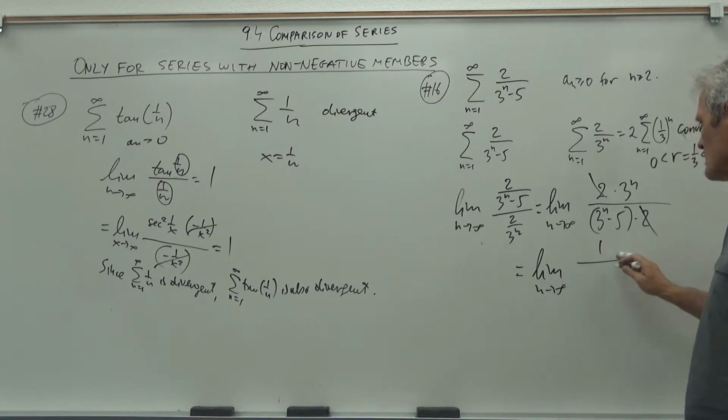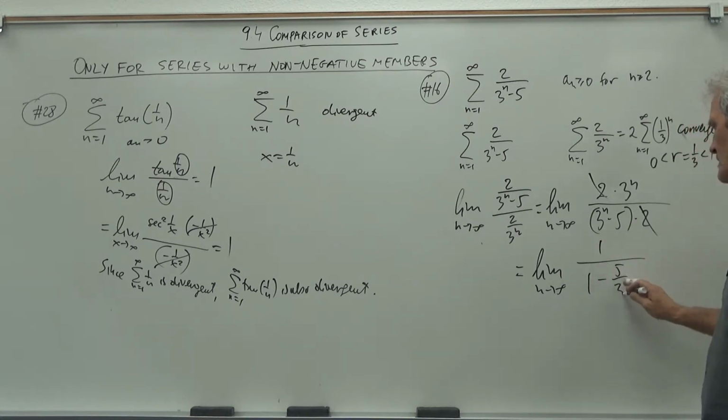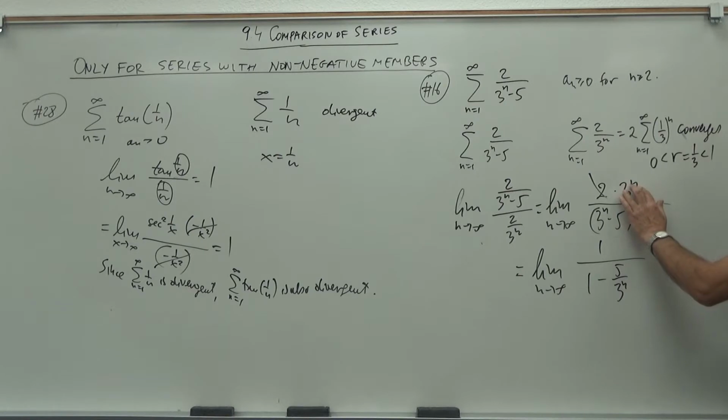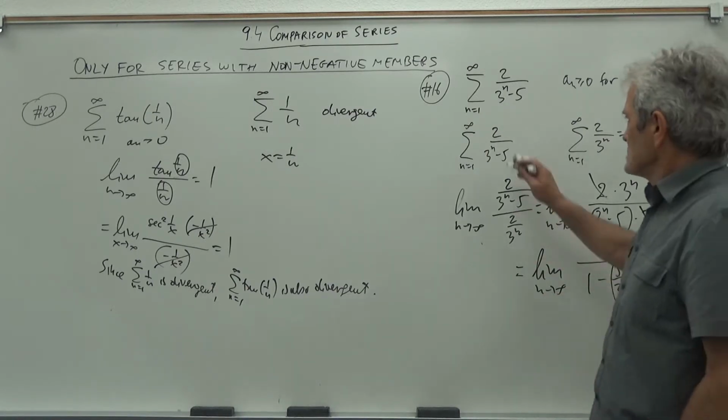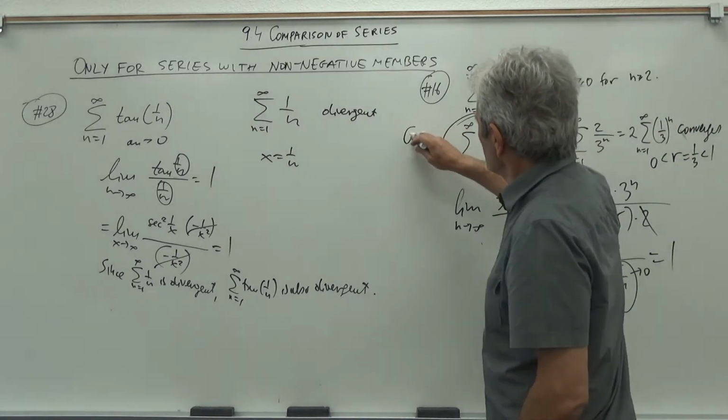So you get 1 over 1 minus 5 over 3 to the n. 3 to the n over 3 to the n is 1. This approaches 0, because 3 to the huge exponent approaches infinity, and 5 over infinity is 0. This limit is 1. It doesn't matter that it's 1, as long as it's finite and not 0, then we know that they are equiconvergent. So the answer is: converges.